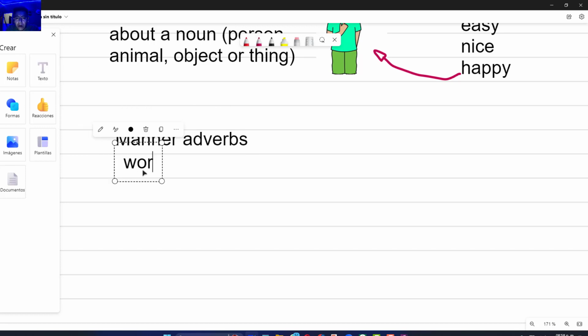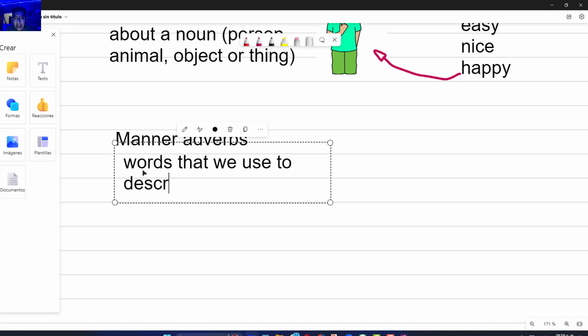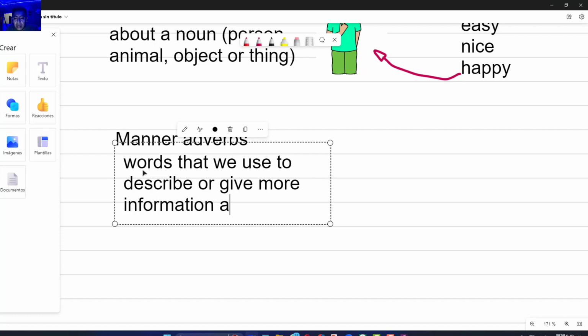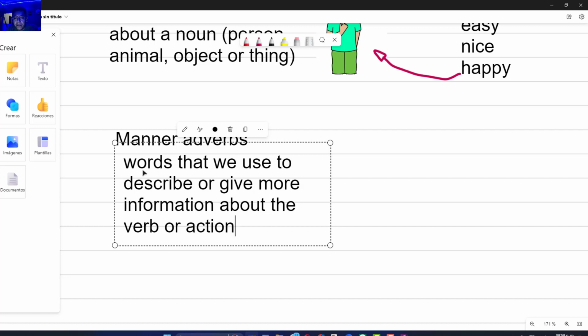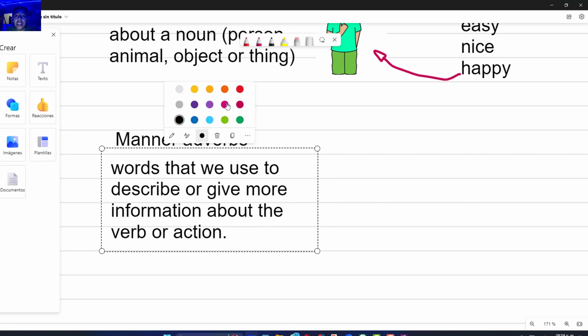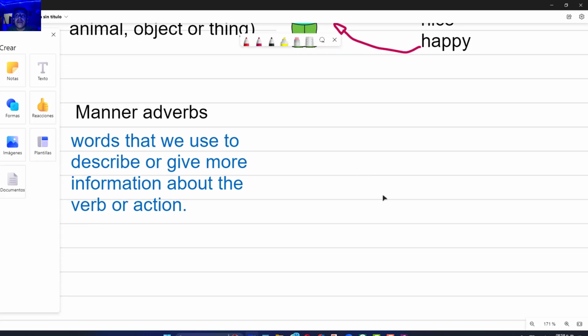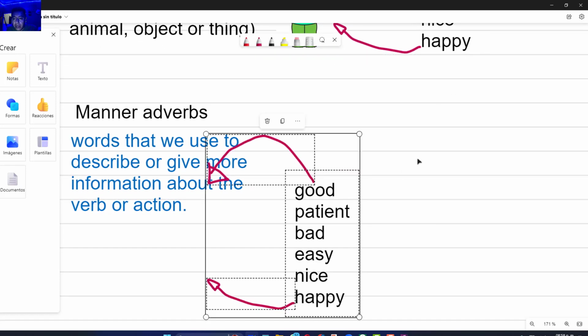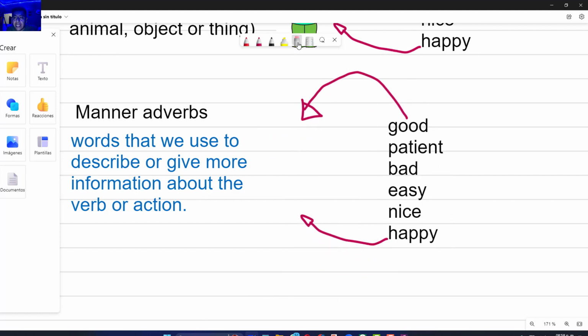They are words that we use to describe or give more information about the verb or action. And as you can see, as you're reading, manner adverbs do not describe a person. Manner adverbs describe how you do something. Okay? And we have it like this.